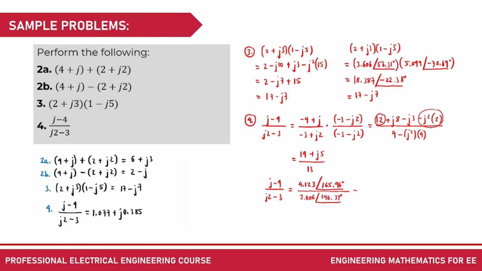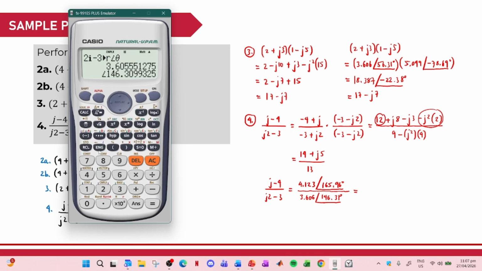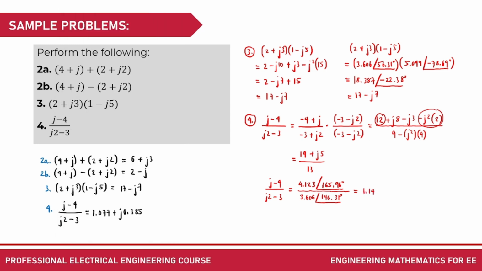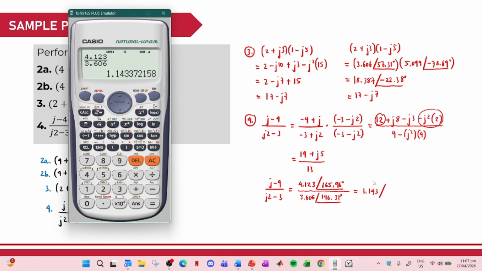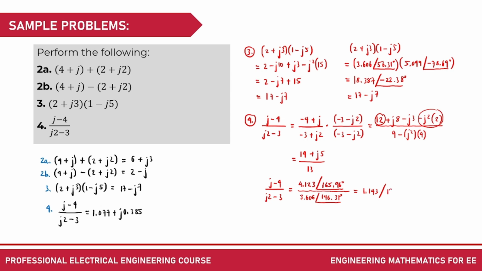So when you divide them, you simply divide the magnitudes, 4.123 over 3.606, which is 1.143. And then you simply subtract the angles, 165.96 minus 146.31, so you'll get 19.65 degrees.